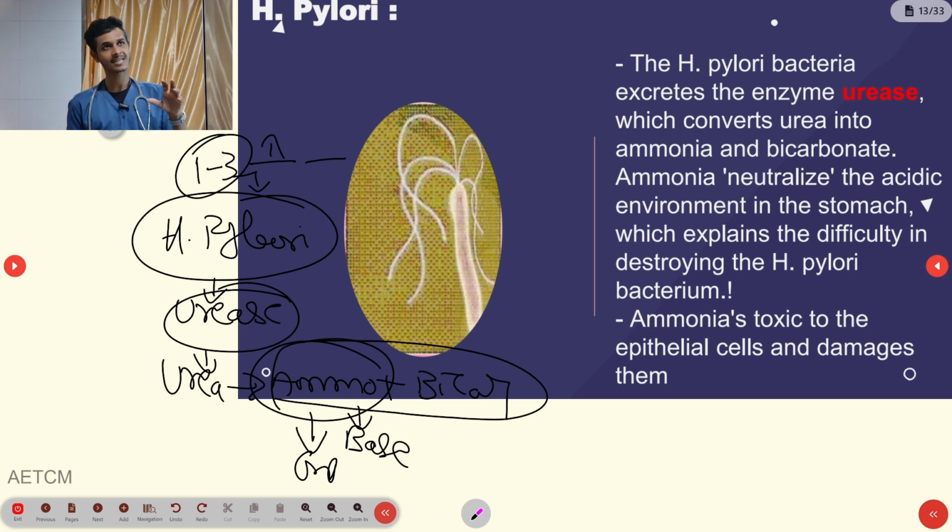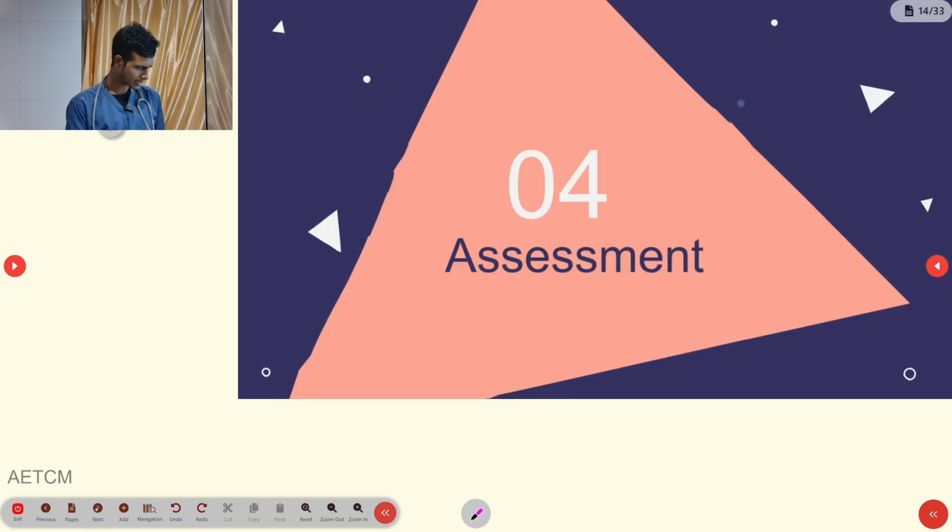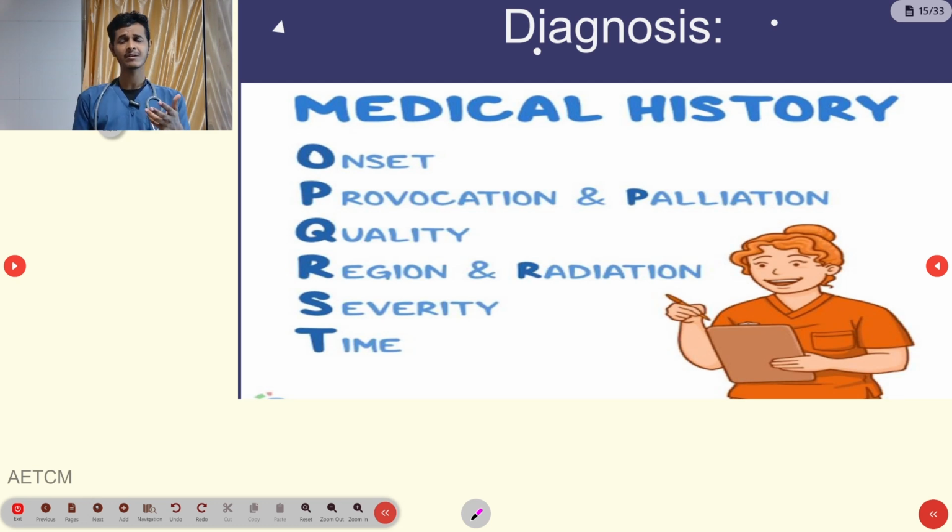So, for management strategy in H. pylori, we have to treat the peptic ulcer, and at the same time we have to treat the H. pylori infection also; we have to kill the H. pylori bacteria.